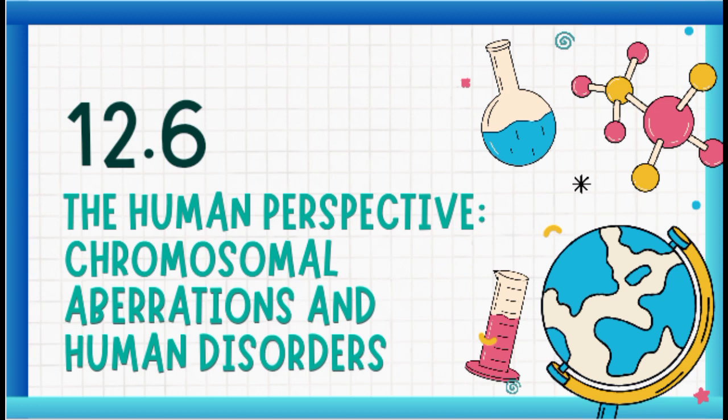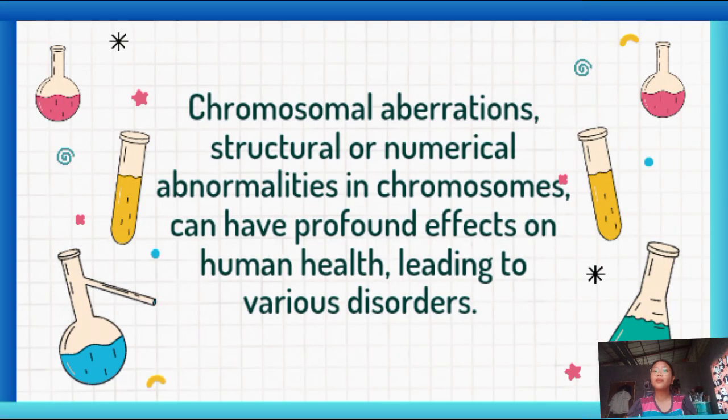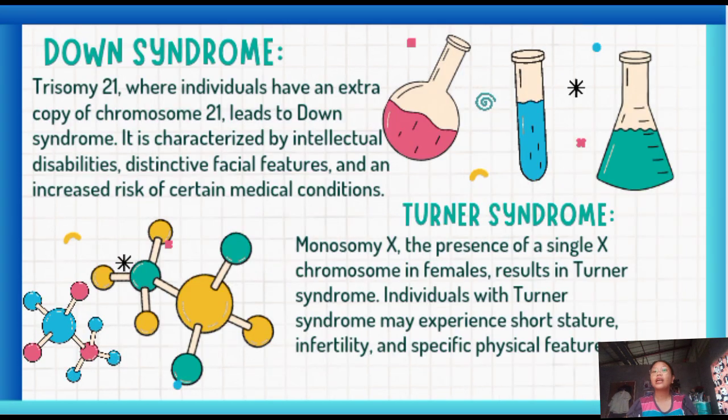12.6 The human perspective, chromosomal aberrations and human disorders. Chromosomal aberrations, structural or numerical changes in chromosomes, are linked to human disorders. Examples include Down syndrome, trisomy 21, Turner syndrome, monosomy X, and Klinefelter syndrome, XXY.